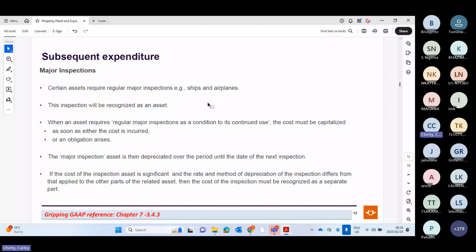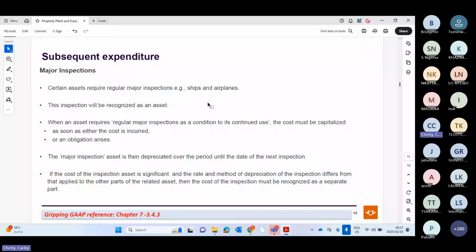So if the cost of the inspection asset is significant and the rate and method of depreciation of the inspection differs from that applied to the other parts of the related asset, then the cost of the inspection must be recognized as a separate part. So often the inspection will be for a few years or maybe every year. So often the inspection will have a different useful life to the rest of the asset.